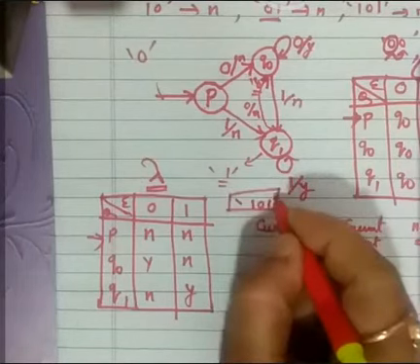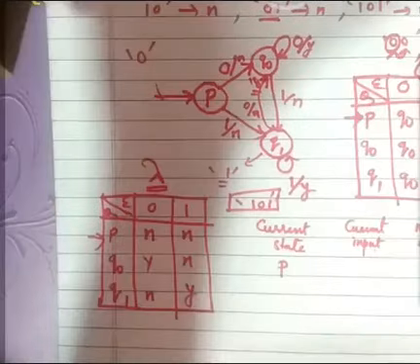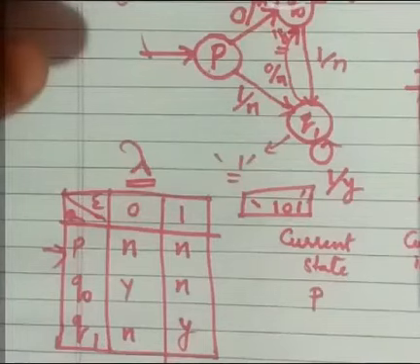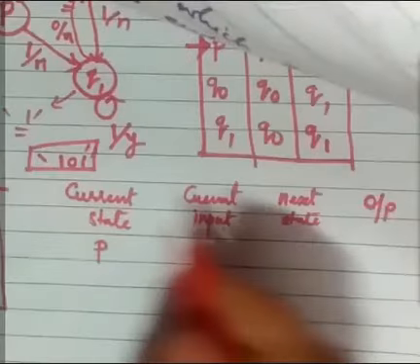So my current state will be initially P. Now my current input is what?